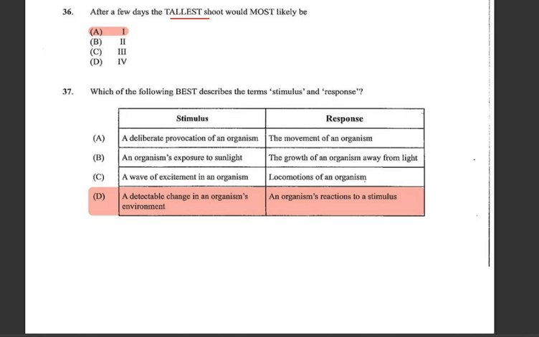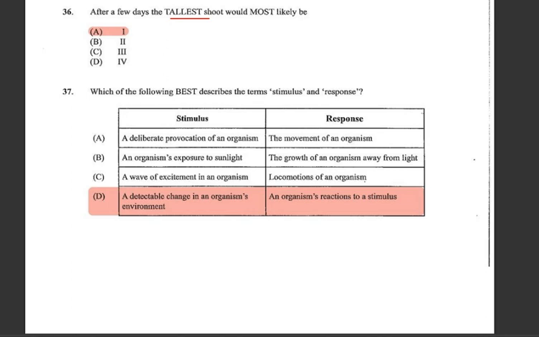The response would be an organism's reaction to the stimulus. So we would have the detected change in the environment, and the organism's reaction to the stimulus. So the answer would be D for number 37.